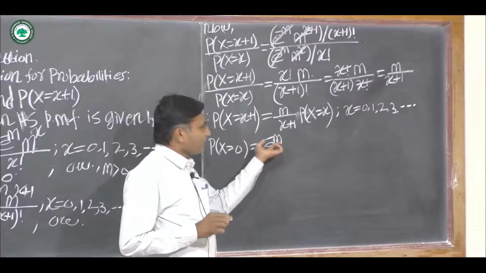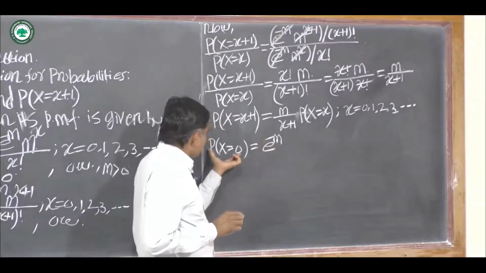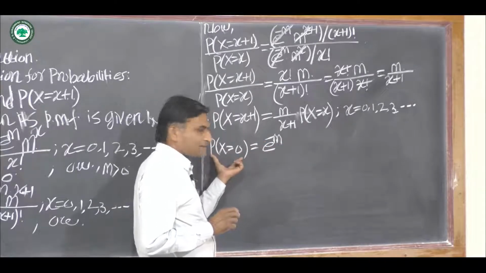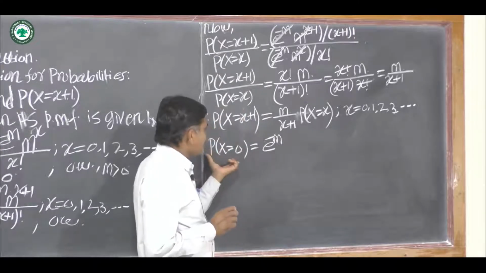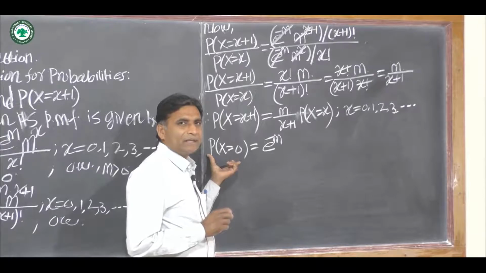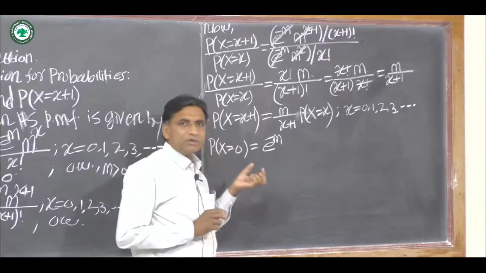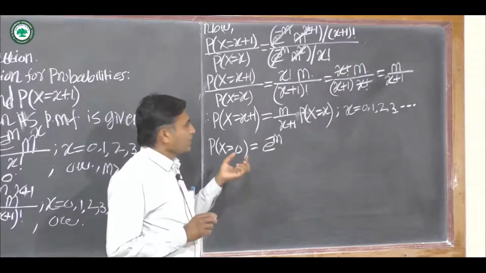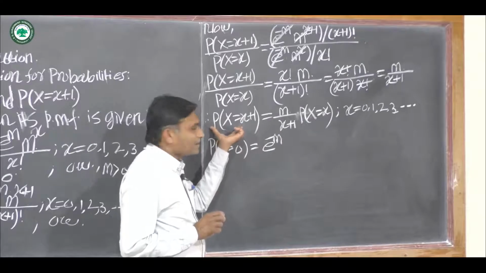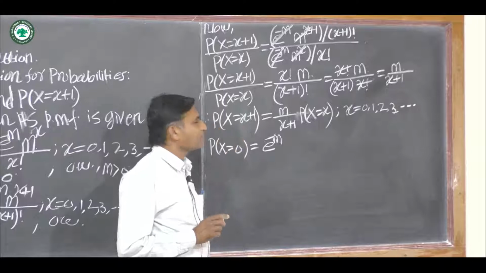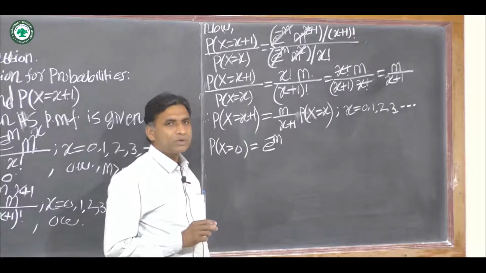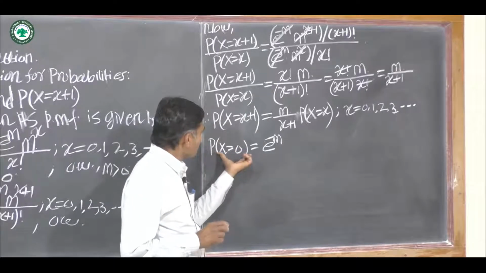If m is known, in that case we will have the probability of x equal to 0. Then this probability is called the initial probability. If probability of x equal to 0 is known, then by using this recurrence relation we can calculate the other probabilities.